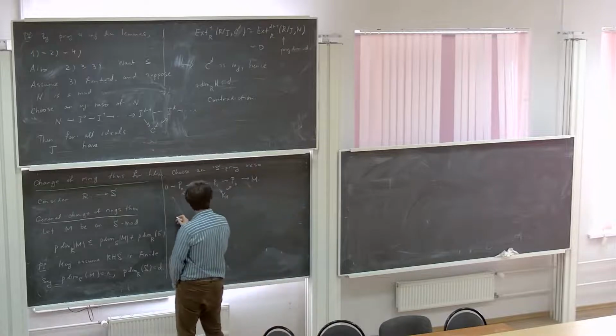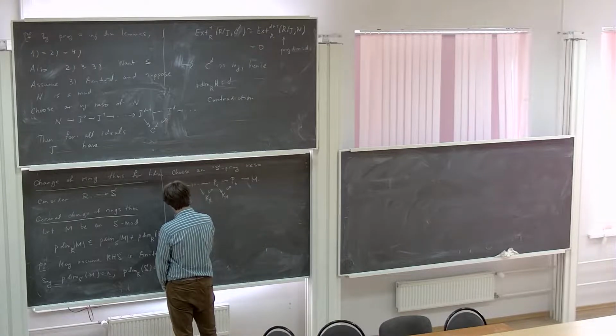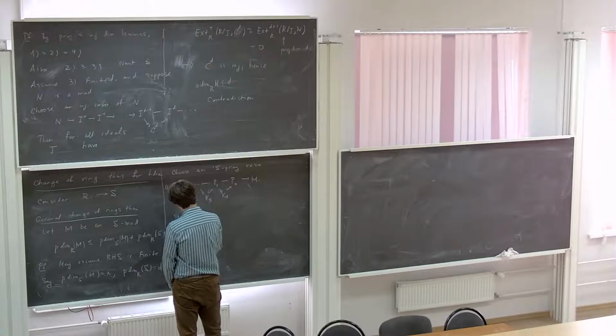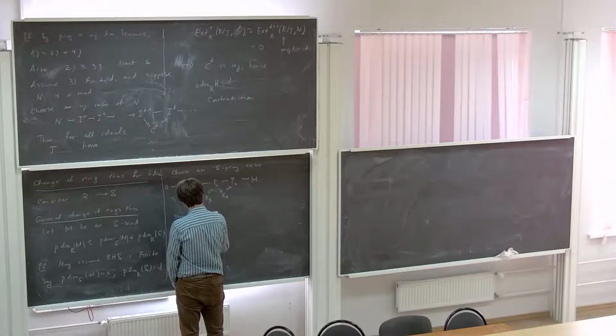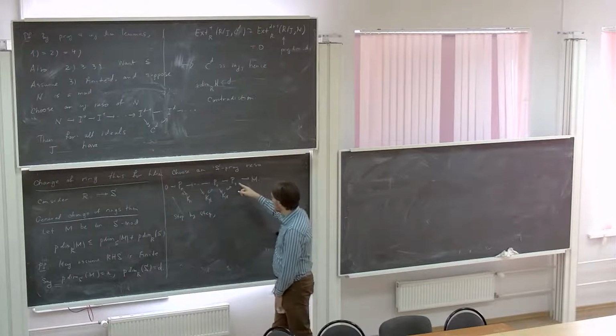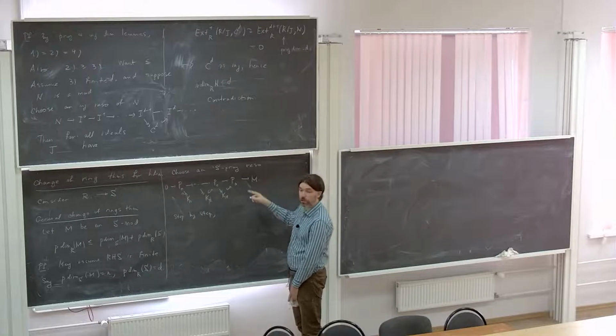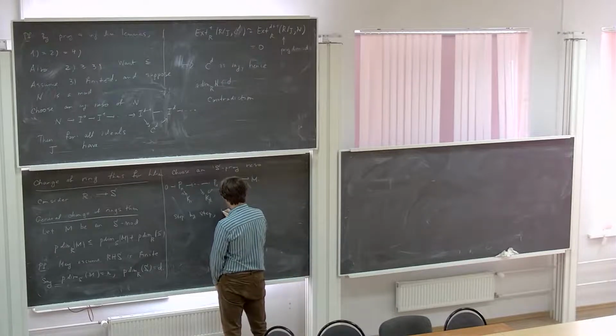And now, step by step, let's construct a projective resolution of M as an R module. We'll use the horseshoe lemma.